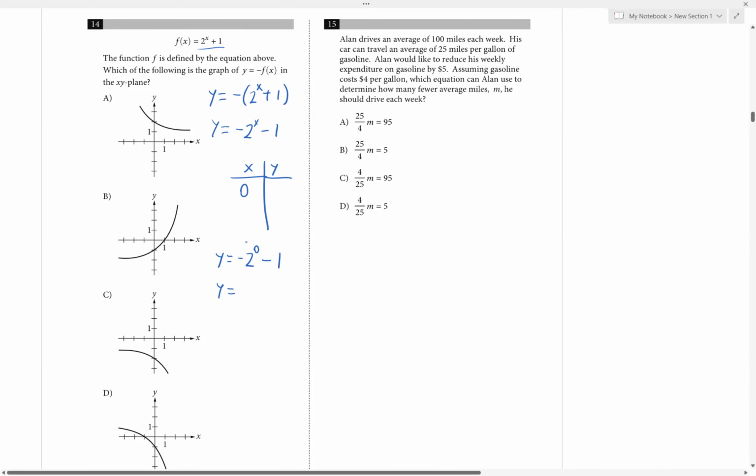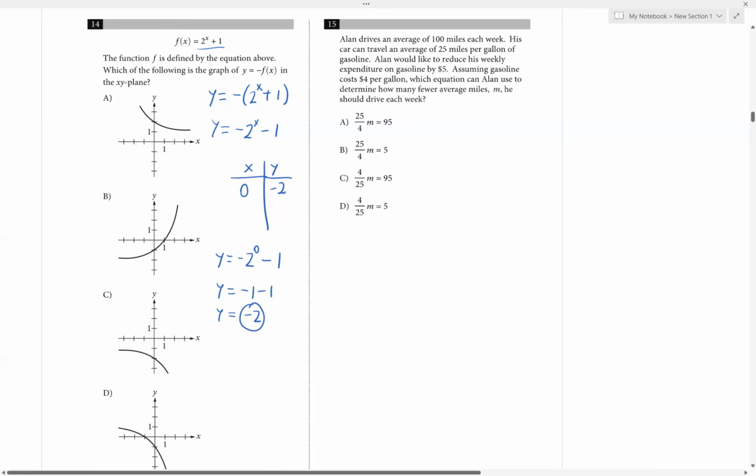That's a special rule with exponents: anything raised to the 0 power is always equal to 1. So this will be negative 1 minus 1, which is negative 2. So when x is 0, y equals negative 2. We should have the point 0 comma negative 2 on the graph, and that's the y-intercept. So out of A, B, C, and D, which one has that?